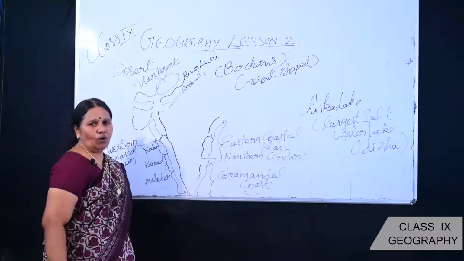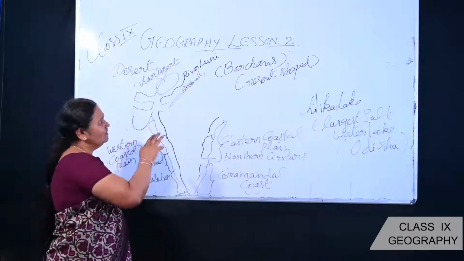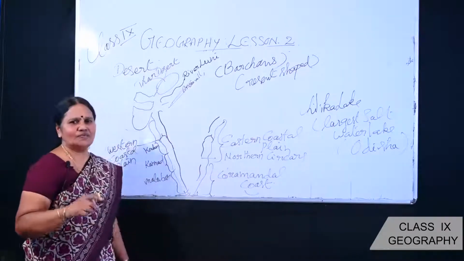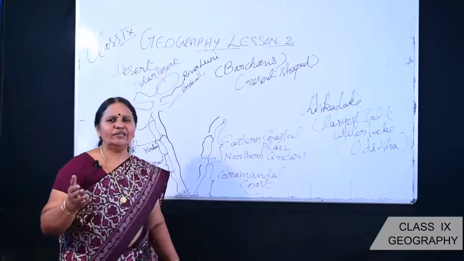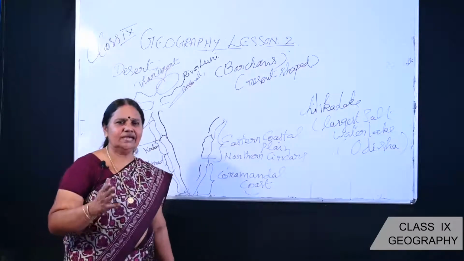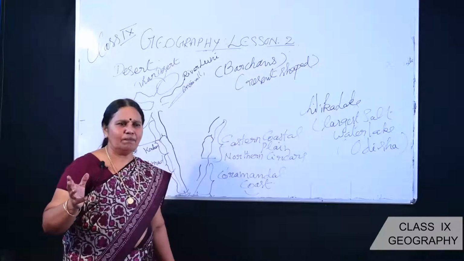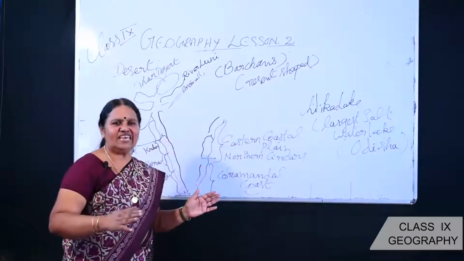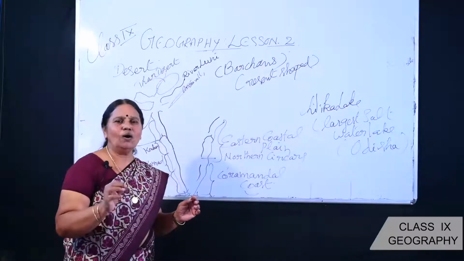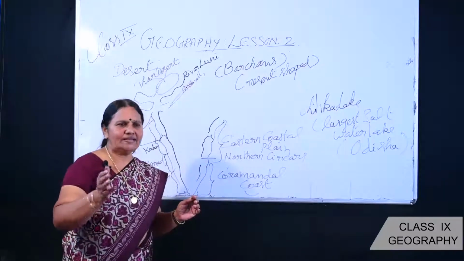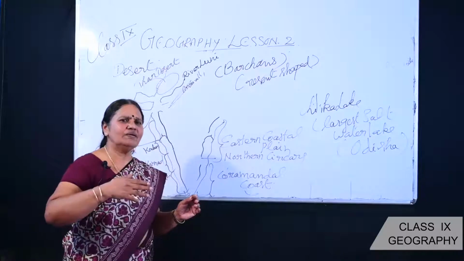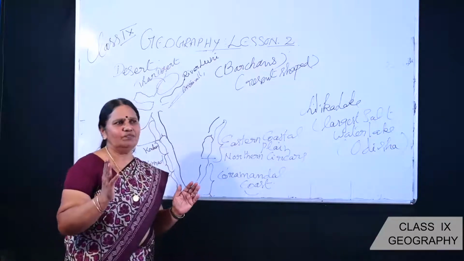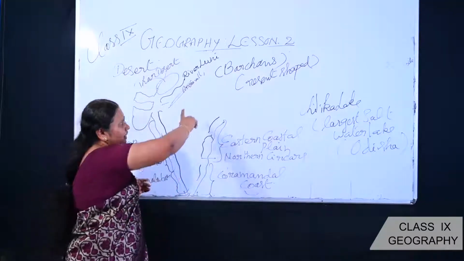Okay, but here one river is there, River Luni. It is the longest river, but that area is noted for sand dunes. What do you mean by sand dunes? When the wind blows at high velocity, it carries soil particles and dumps those particles at a place just like a hill. Such hillocks are called sand dunes. Sand is moved by wind in different sizes and shapes. The most important shape is called barchans.